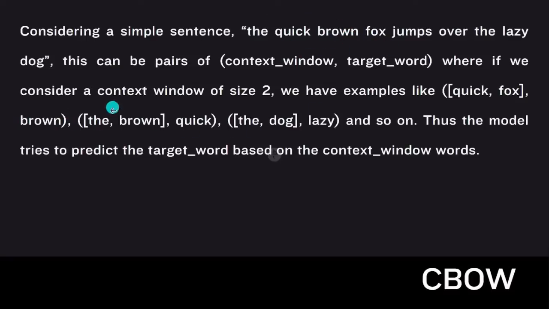Then with the and brown, the target is quick. You pick the and dog, the here and dog here, the middle word, the target, is going to be lazy. Like this, we create some features by selecting the middle word and keeping the remaining words. So you are finding the middle word as a target based on this window size, which we can adjust. If you go with 3, then for 3 words, you pick the middle word and so on.